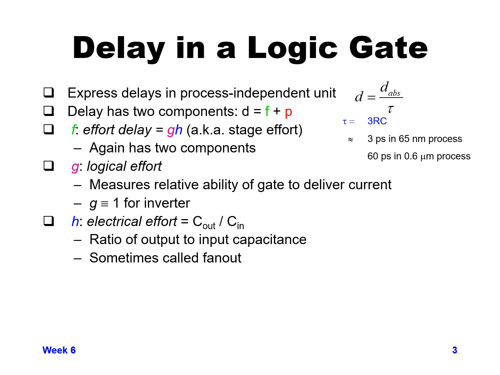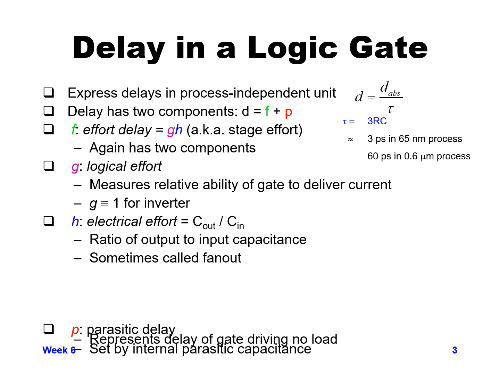So this is also called fanout. So if you have a minimum sized inverter driving 4 other minimum sized inverters, then the C out is going to be 4 times what the C in is, and so the value of H is going to be a value of 4. So we'll get into more detail and specifics of these going forward as well.